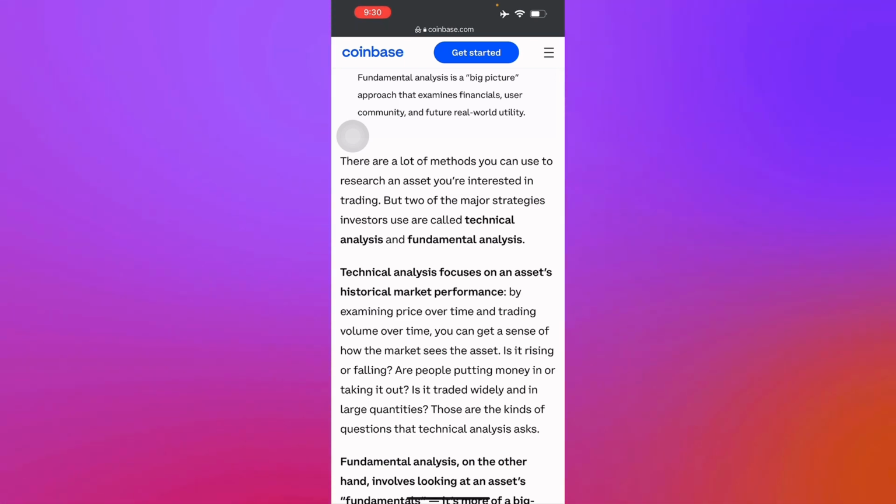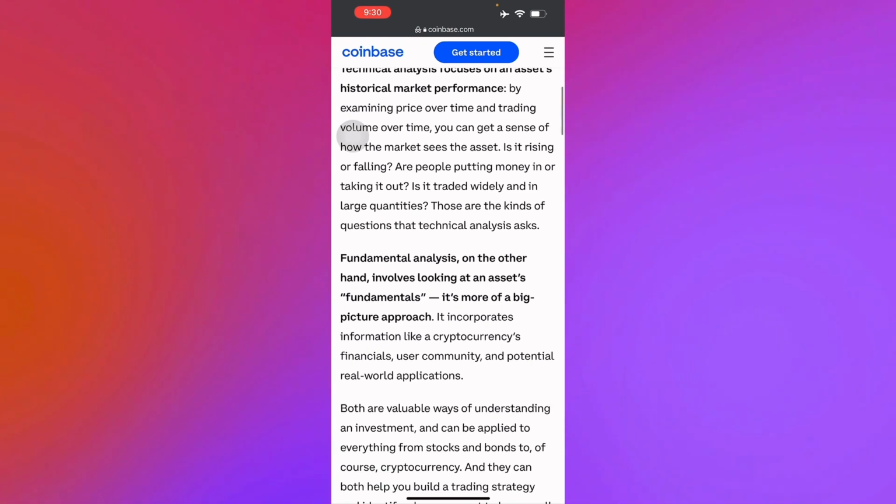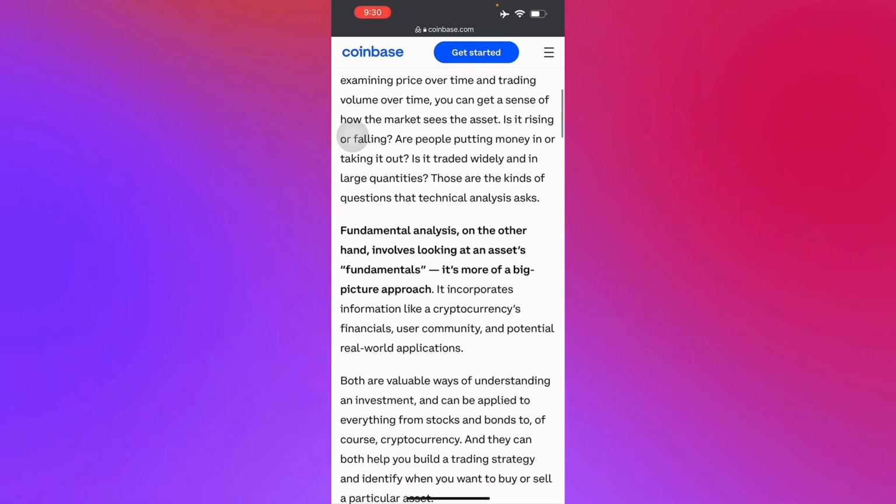Those are the kinds of questions technical analysis asks. Fundamental analysis, on the other hand, involves looking at the asset's fundamentals. It's more of a big picture approach. It incorporates information like cryptocurrency financials, user community, and potential real-world applications. So you're looking at impacts on the real world that might affect the cryptocurrency you're trying to invest in.